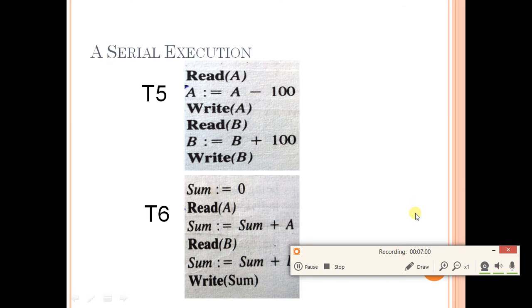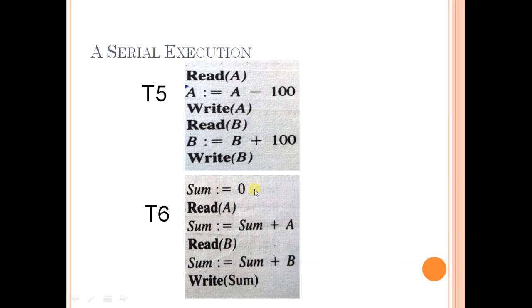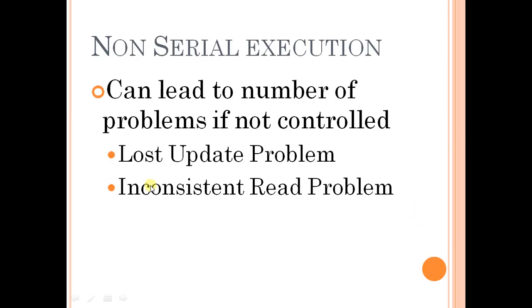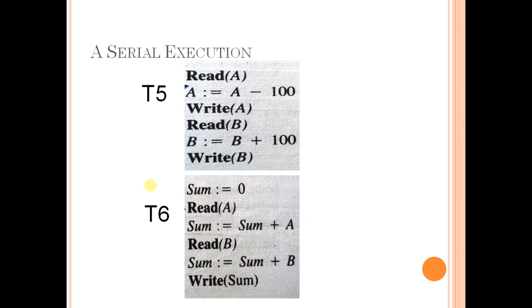Let us see the first problem. Non-serial execution. See, once again, a serial execution is always perfect. It will never create a problem. See, these are two concurrent transactions, T5 and T6. If they execute one by one, no problem. But what will be the drawback?